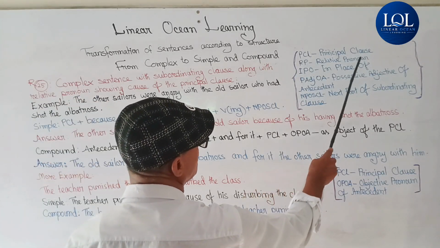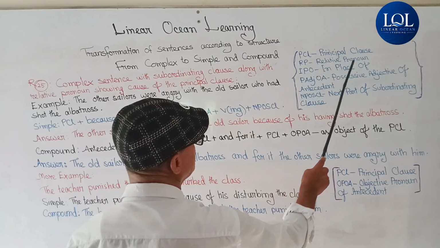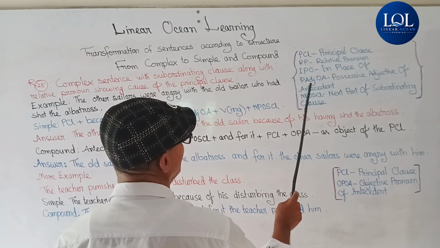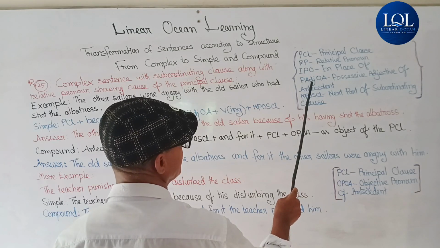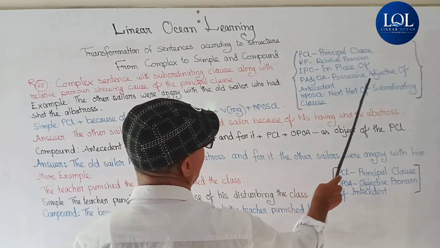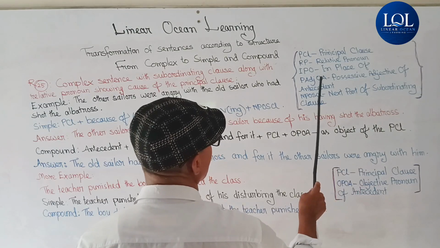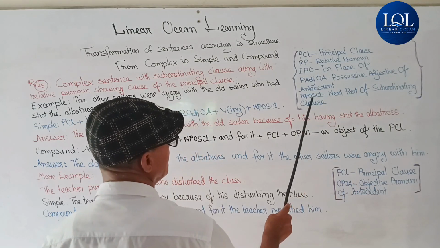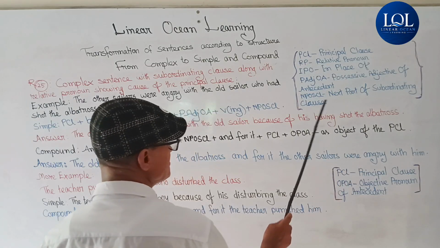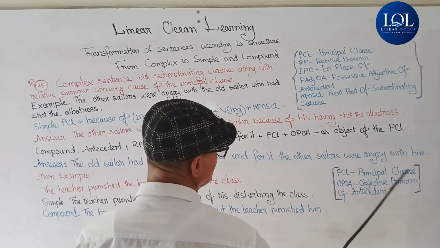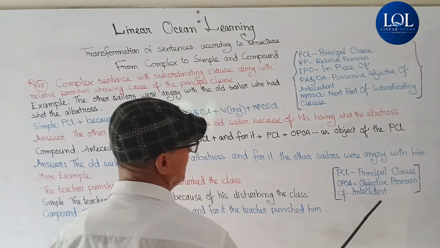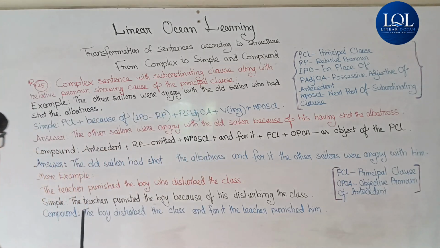PCl means principal clause, RP means relative pronoun, IPO means in place of, PADJ, ADJ means adjective, OA, that is possessive adjective of antecedent, NPOSCl, next part of subordinating clause, PCl means principal clause, OPOA, objective pronoun of antecedent.